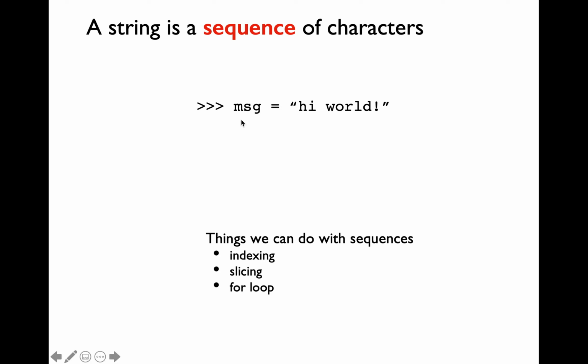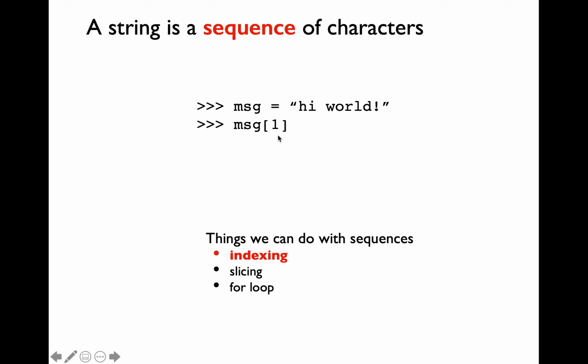Let's say that I'm initializing a variable MSG with the string value of "hi world!". How can I do indexing? I'll have to say MSG open square bracket index position close square bracket. We read this particular line of code as MSG of 1.